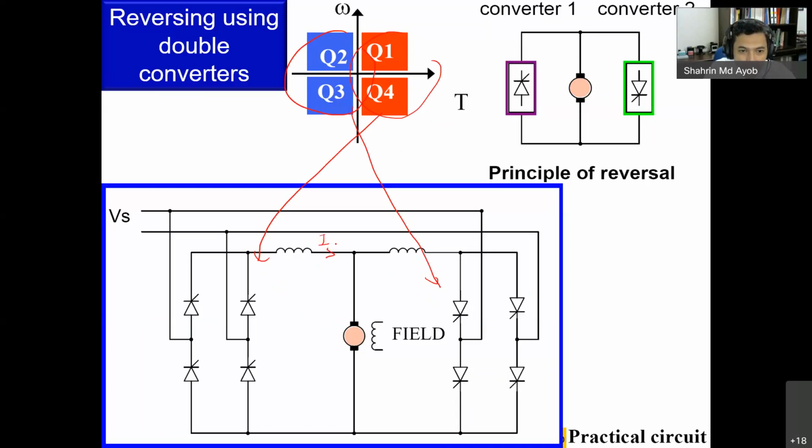The current should be positive here, and the voltage can be either positive or negative by controlling alpha here. So your alpha must be greater than 90 degrees to get negative. So IA is positive.